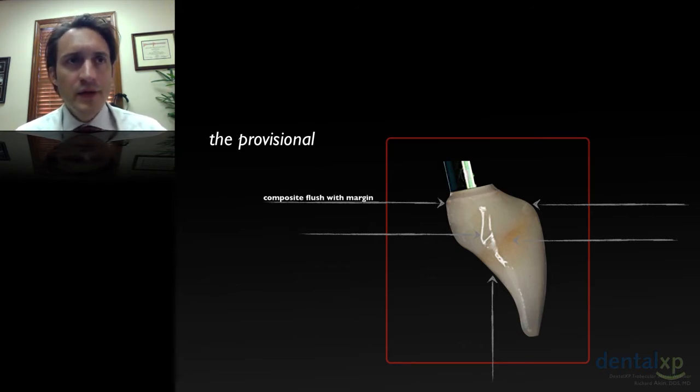Initially, the first part that I look at on a provisional is after I have captured the provisional abutment and adhered that to the denture tooth. I like to make sure that I have the composite flush with the margin of the provisional abutment.